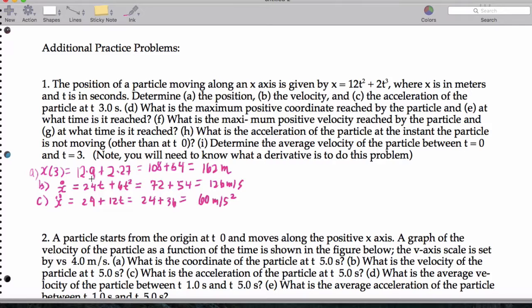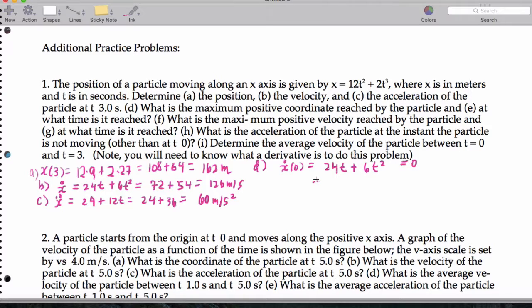The way we get maximums of functions is we take the derivative and set it equal to 0. So we're going to do x dot equals 24t plus 6t squared, and that's going to equal 0.